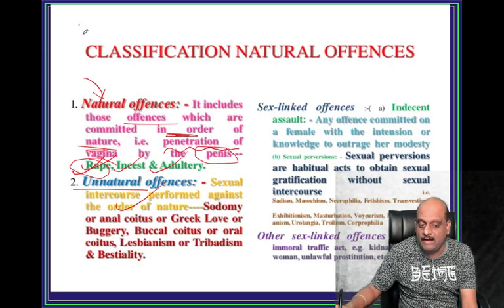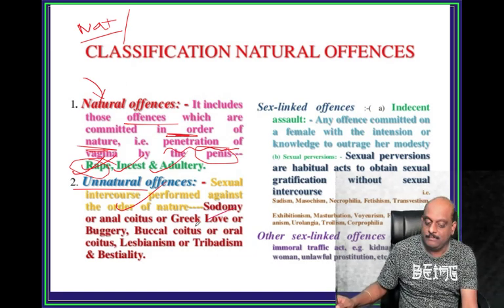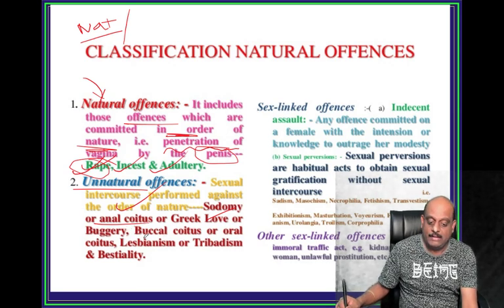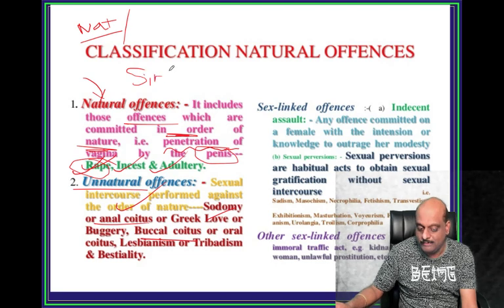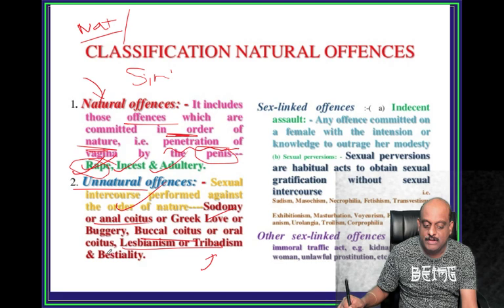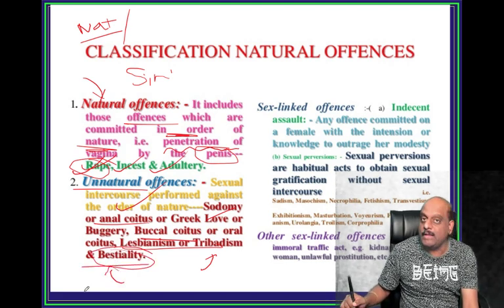Sometimes the examiner will play with short definitions. So sodomy or anal coitus or Greek love or buggery, then buccal coitus, otherwise called sin of Gomorrah. Then what is the other name of lesbianism? Tribadism, and bestiality, penetrating into an animal.